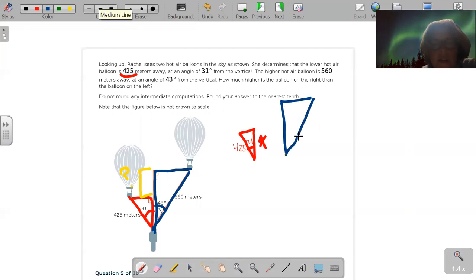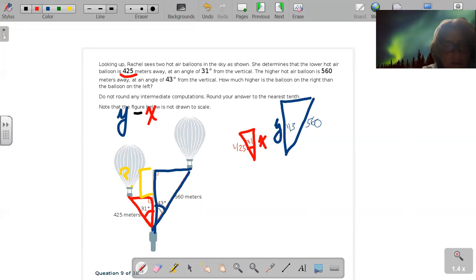And this is 43, and this is 560. And we're going to call this Y. Now, to get the yellow, the simple idea is we take the blue segment Y, we're going to minus the red segment X. So the blue Y subtract the red X is going to get us the yellow.